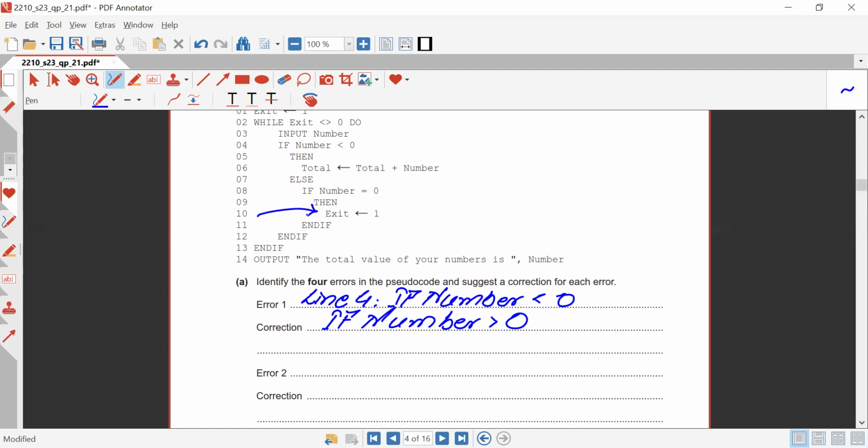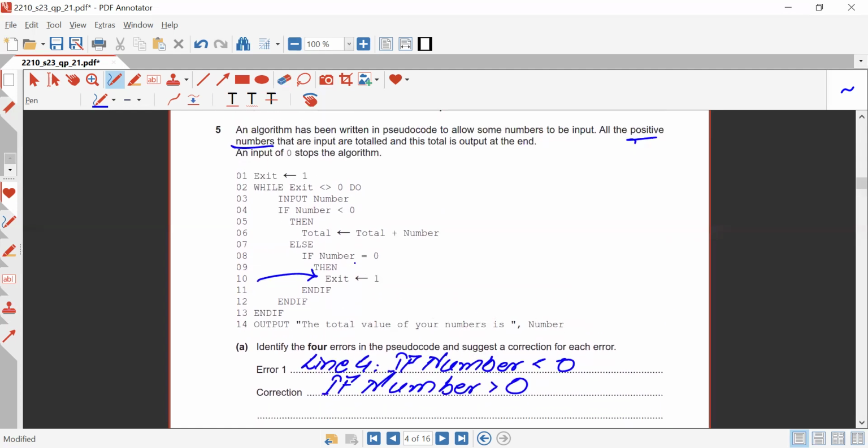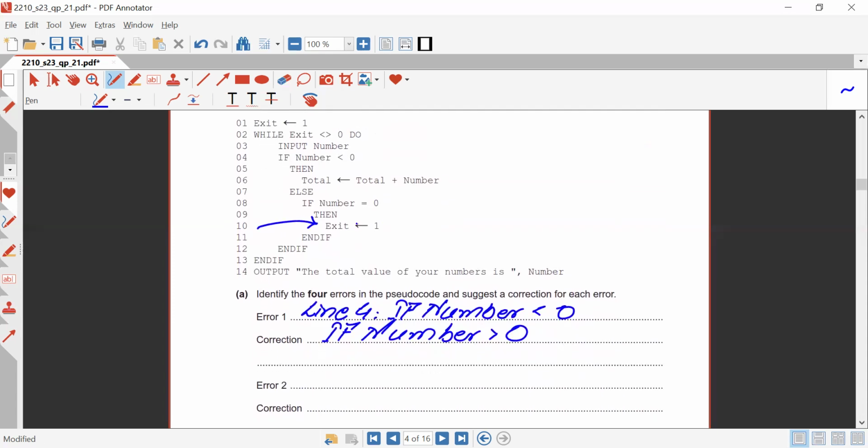So is it right or is it wrong? Obviously it's wrong. The exit should now be updated to 0 because initially it was 1, and now if it's a 0, that means exit should be a 0. So if exit is 0 we will be checking out, and the loop is going to end over here.